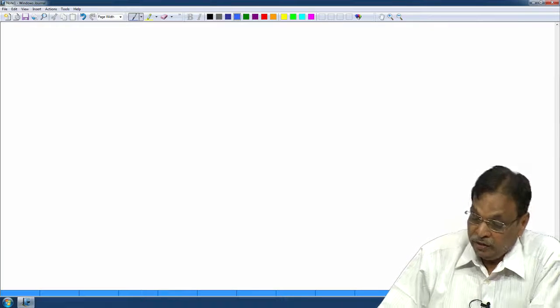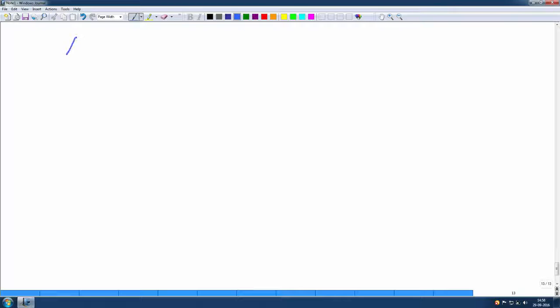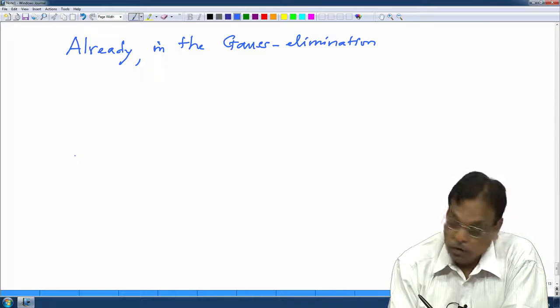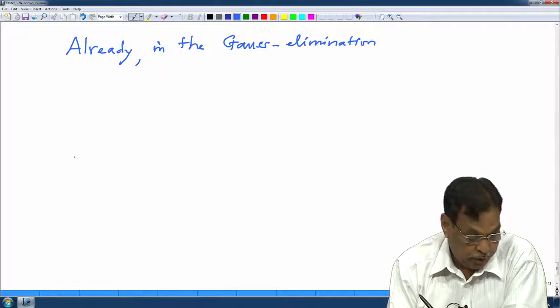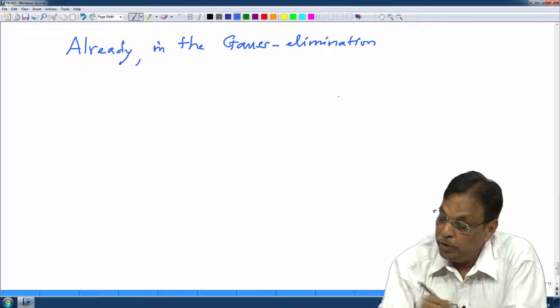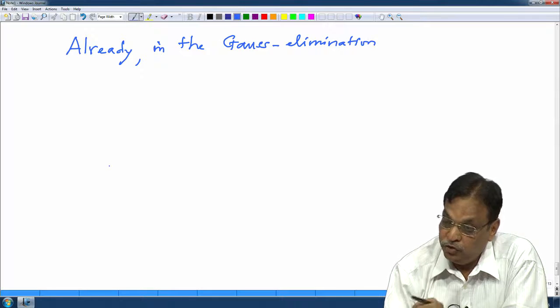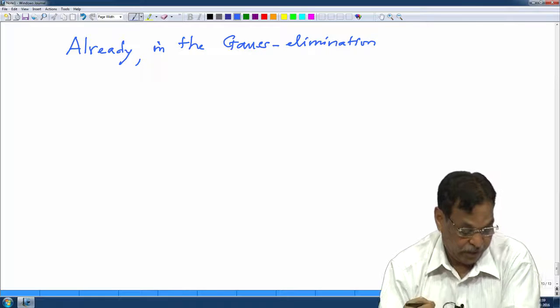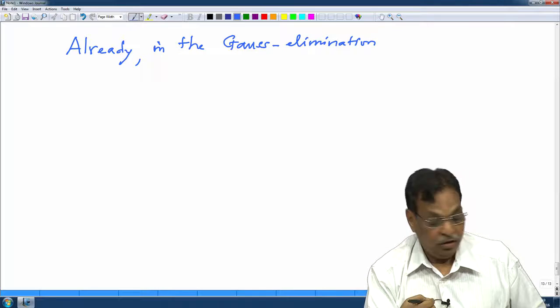Okay, let us further continue. I want to recall that when we did Gauss elimination, we demonstrated that by row operations we can find a new matrix from which you can see the rank, and it will be like this.